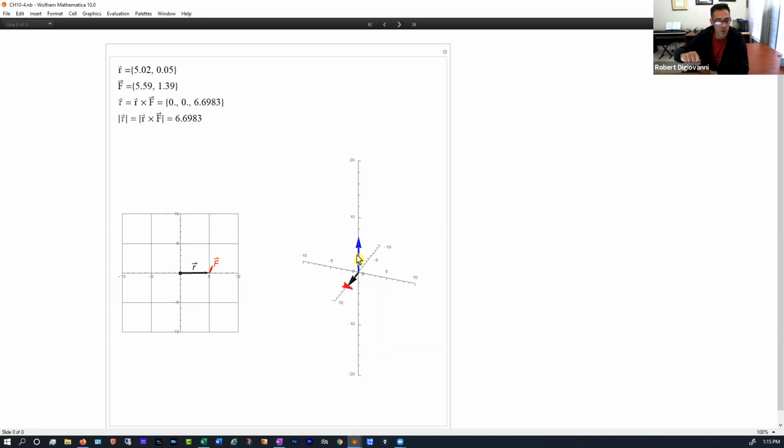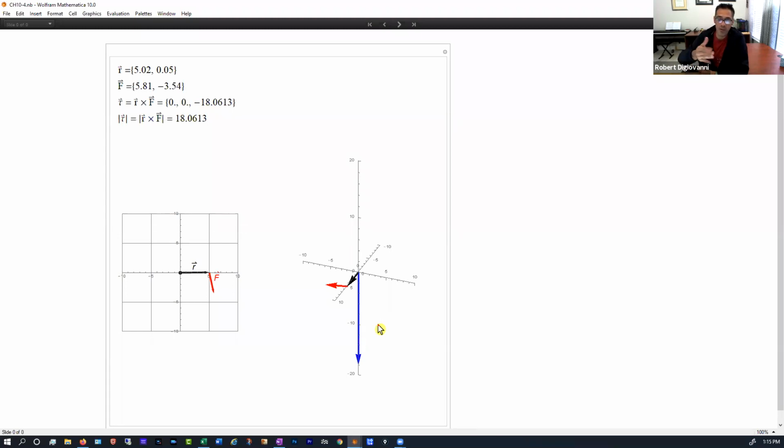Smaller force, smaller torque. If I point the force vector in the opposite direction, notice that the torque vector now goes down instead of up. And so that's the idea of tightening or loosening the bolt, right? And we follow the right-hand rule.